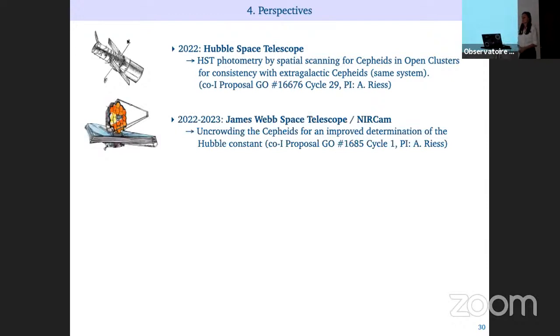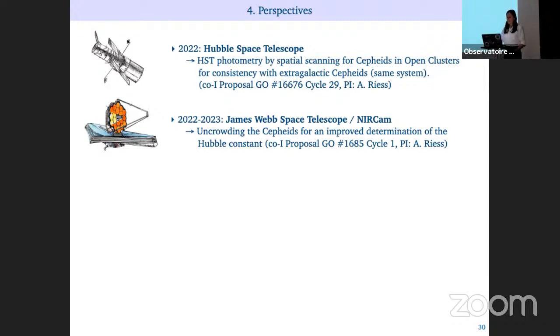With the JWST, we also have obtained a program to observe extragalactic Cepheids, and with the great resolution of the NIRCam camera, we will uncrowd the Cepheids, which means we resolve the background contribution from the flux of the Cepheids, which is also a very important systematic in the distance scale.